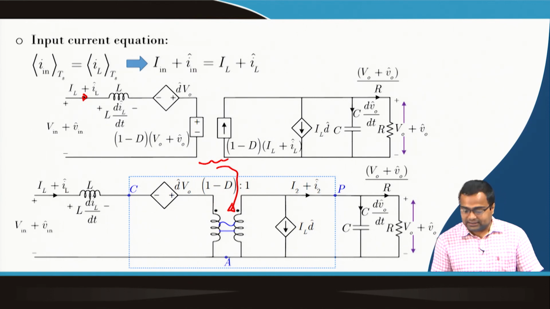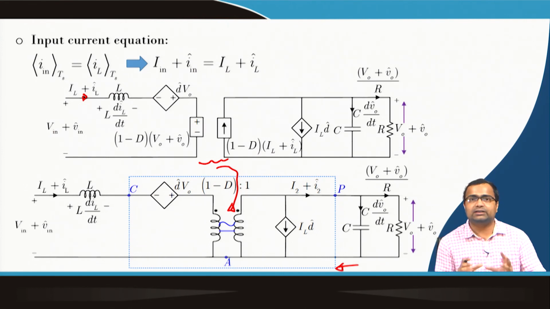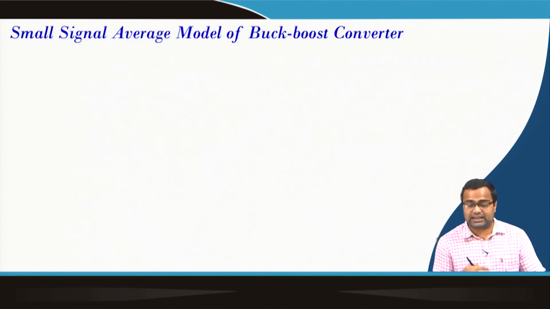And you will find this equivalent circuit is the same as the one you obtain using the average switch model. The same thing can be obtained by the circuit averaging technique, by averaging the waveform over a periodic cycle.